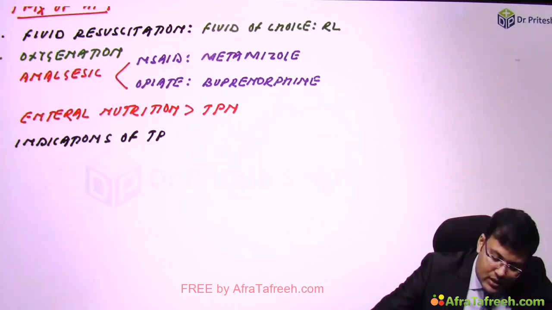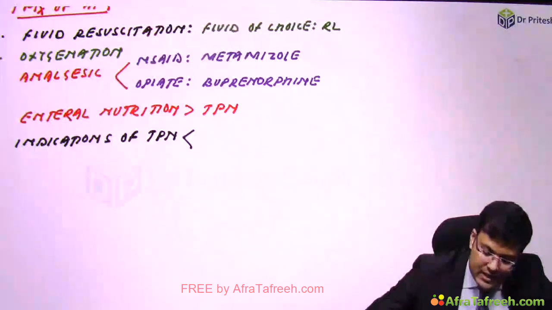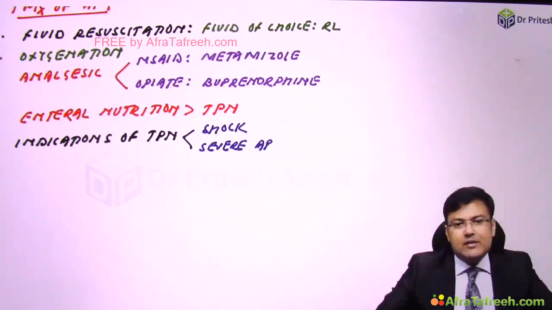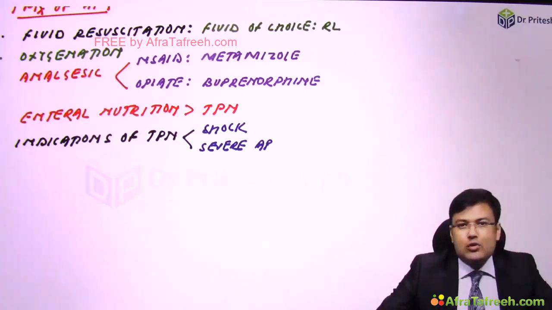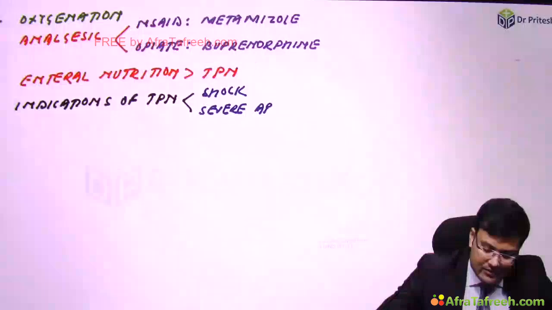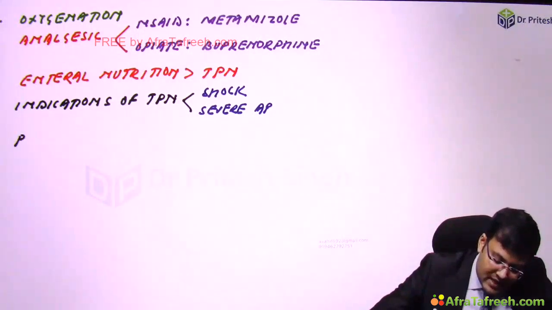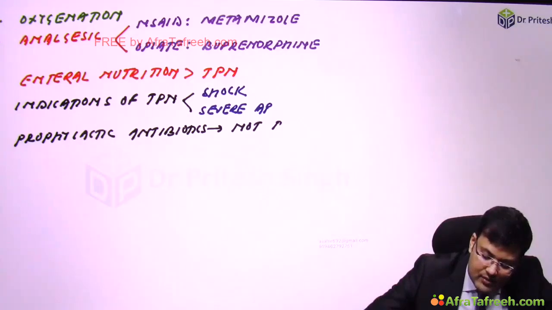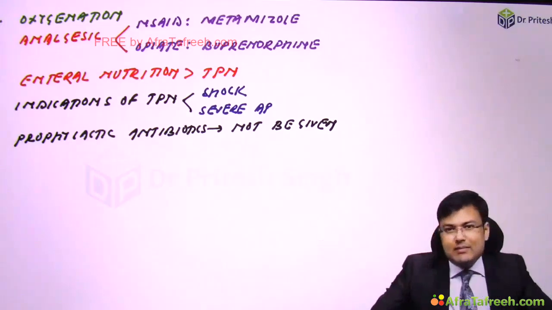Generally in shock and in severe acute pancreatitis, we give total parenteral nutrition. In this case, prophylactic antibiotics should not be given. If the patient is having evidence of infection, then only we give antibiotics. Otherwise, prophylactic antibiotics are not given.